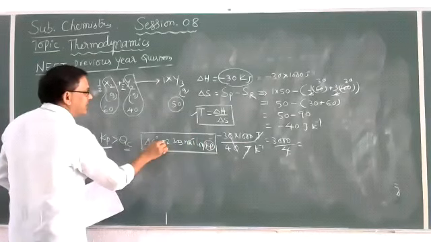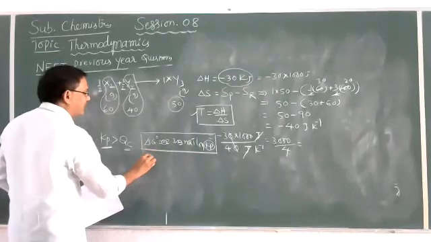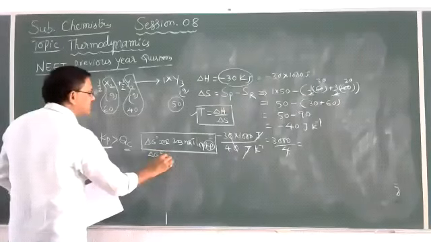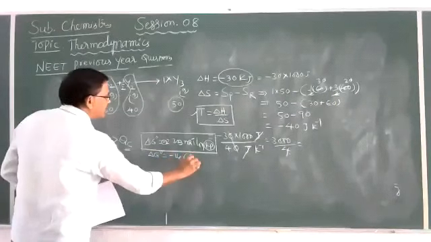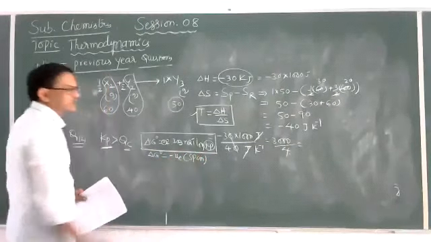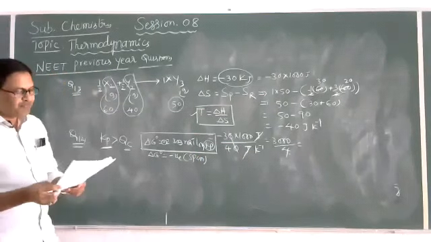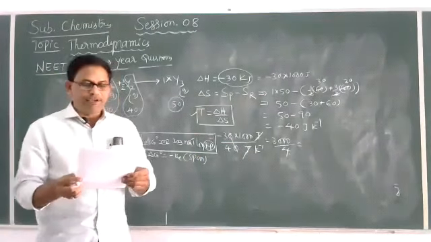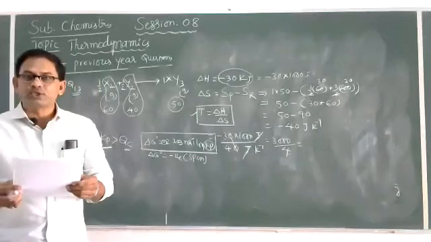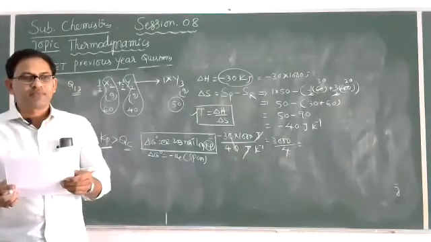Positive value means, with the negative sign, delta G is negative. Negative means it is a spontaneous process. That's why for A, we can take the fourth one in list 2, that is spontaneous.